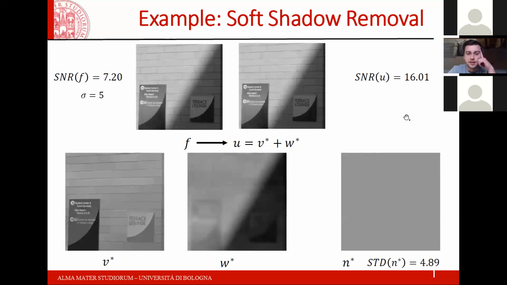Also, as an application for soft shadow removal, once again, it can also be applied as denoising, even though we have applied just a small standard deviation Gaussian noise in this case, because the resolution of this photo was quite low. Therefore, the noise component is not that much visible.